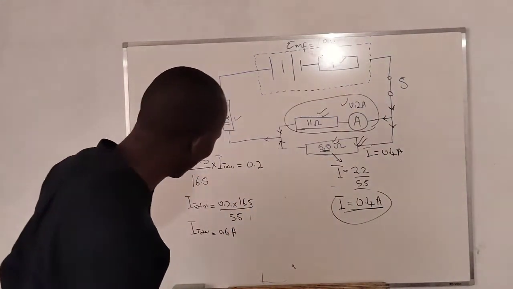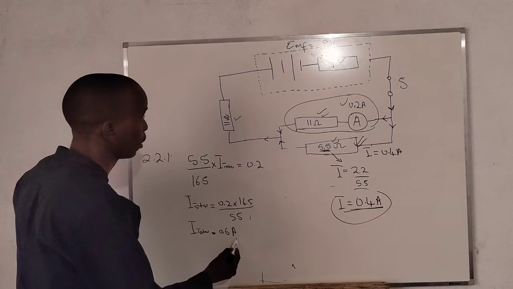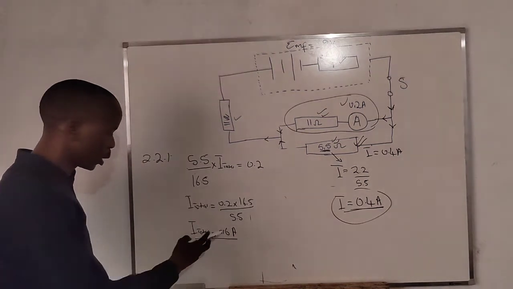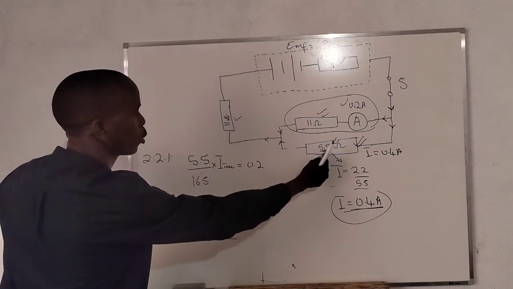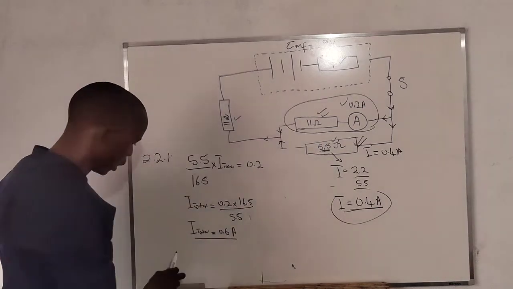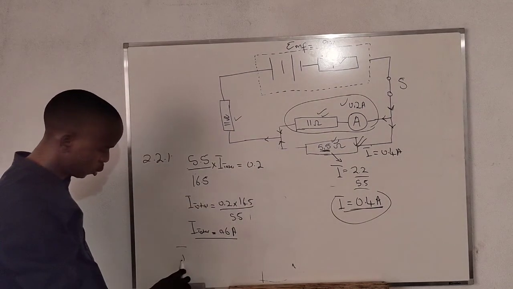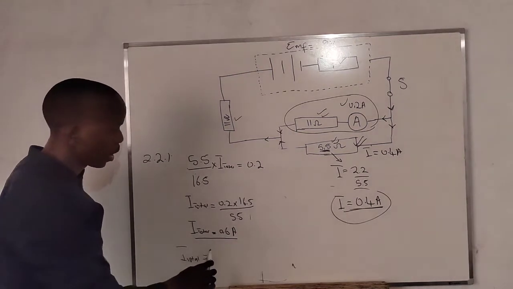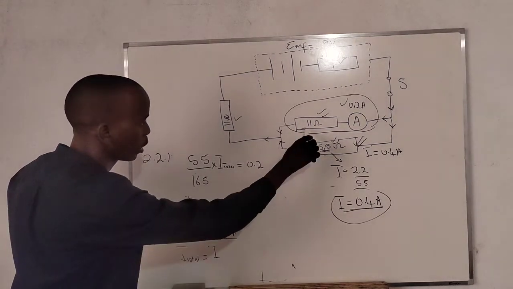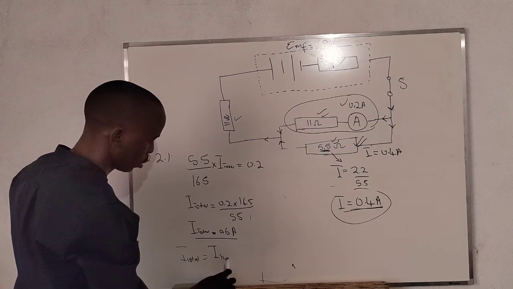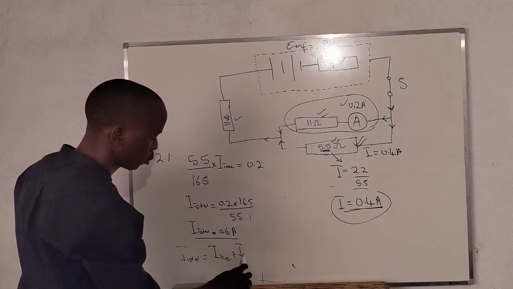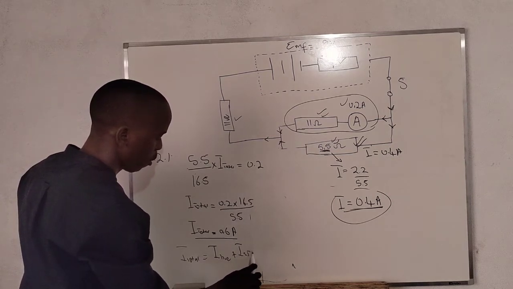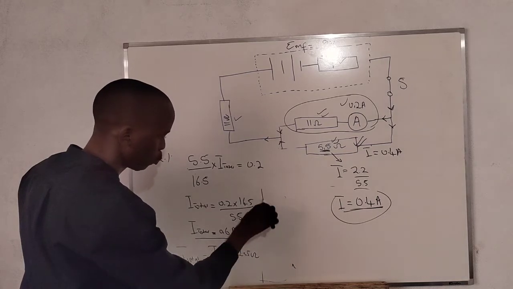And then I know that the total current passing through my circuit is 0.6 amperes. Now, let me find the current passing through here. I total is equal to the current passing through the 11 ohm resistor plus the current passing through the 5.5 ohm resistor. And then we proceed with this.